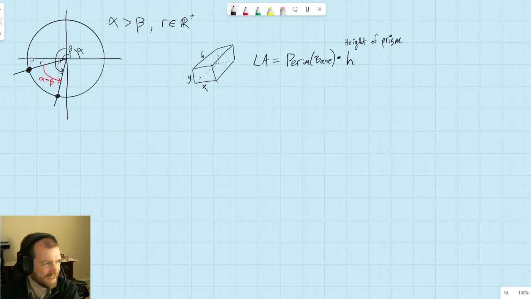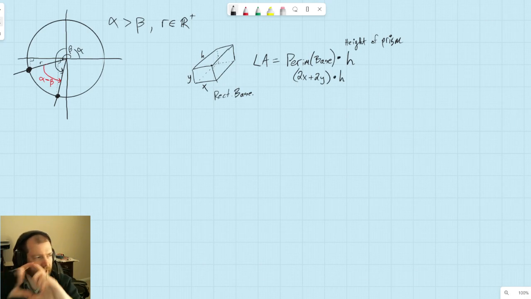Okay, anyway. So if you have your 3 dimensions, X, Y, and H, H being the height of this prism, and X and Y being the lengths of a rectangular base, then the perimeter of your base is going to be 2x and 2y, times h.